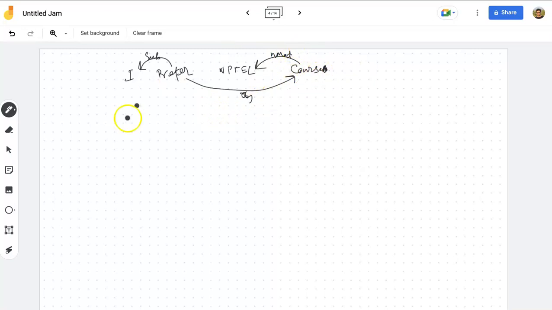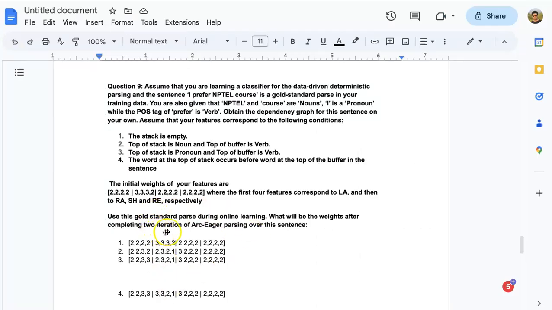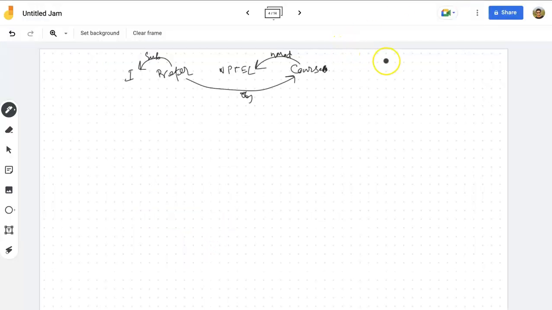This is the structure. Now what they are asking is, let's do two steps of iteration and update the initial weights. Okay, so let's do each of the steps. What is the initial step?